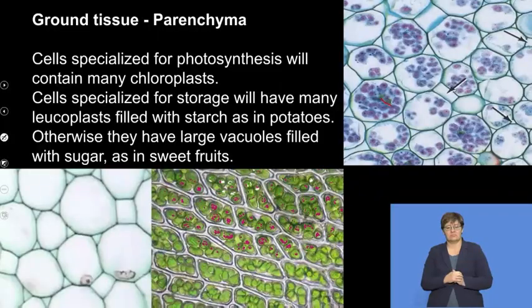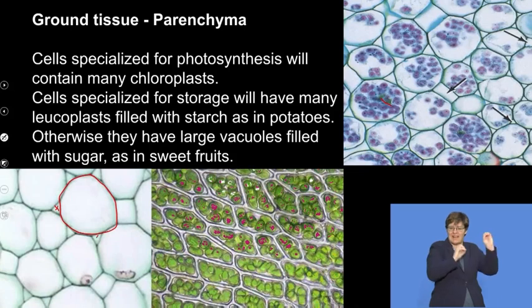Then, the other type of cell, if we have a look here, these are storage cells. Can you see the spaces between them? That's important for gaseous exchange. But this cell looks empty, and that is because it's got a huge vacuole, large vacuoles filled with sugar.